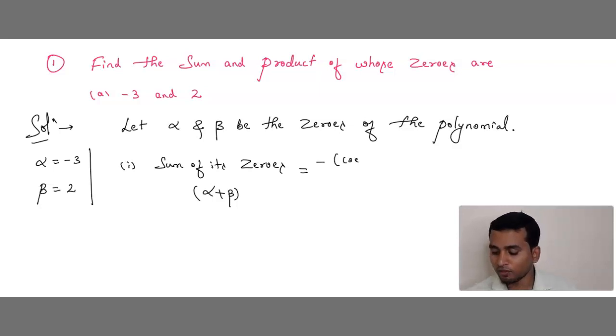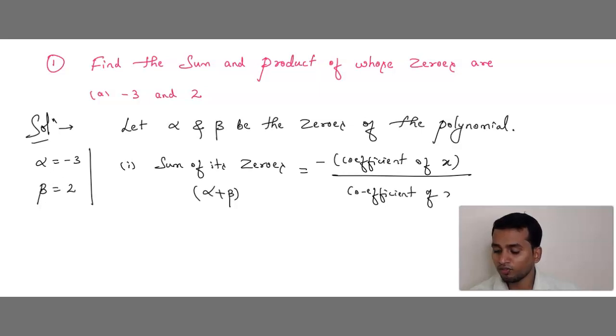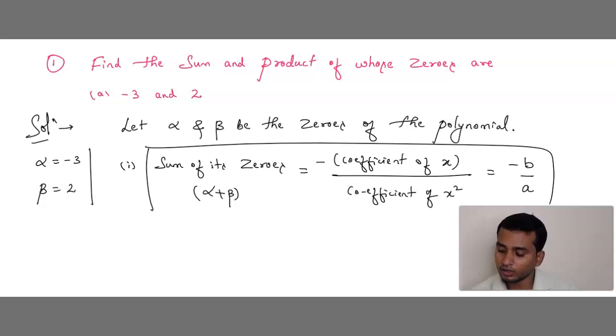Minus of coefficient of x by coefficient of x square. That can also be written, in shortcut, as minus b by a. Any of these two you can write, okay? That is minus b by a.